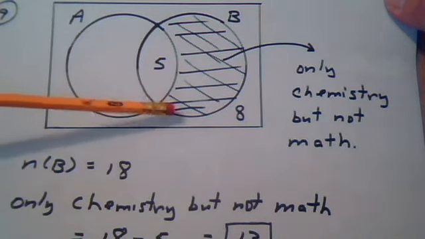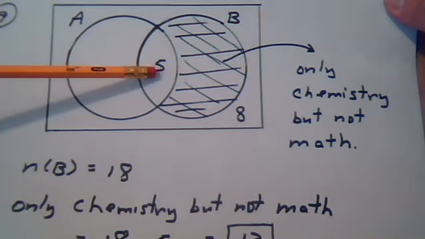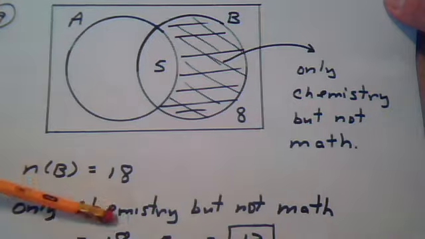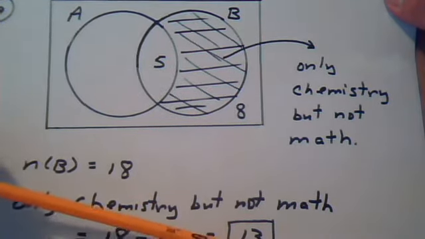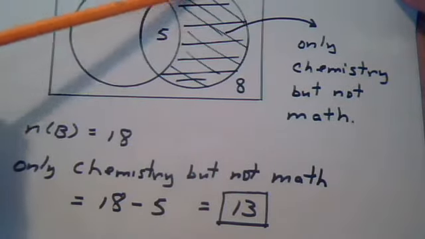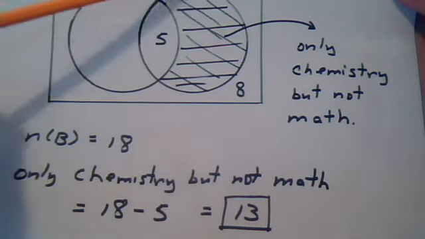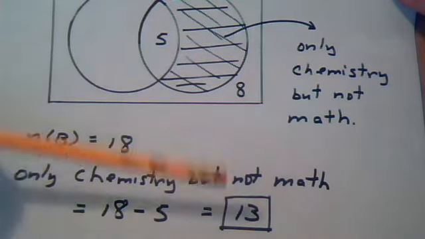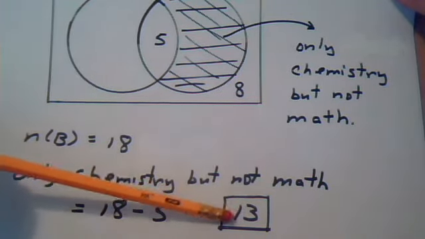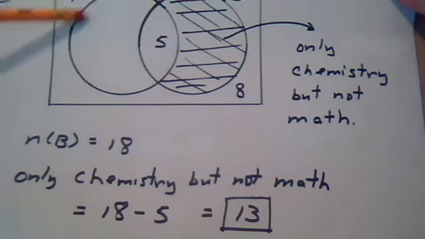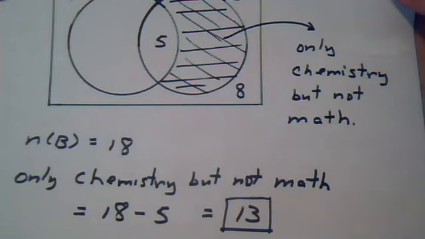So all you have to do is get the 18, which is the B circle, and subtract 5. Only chemistry, but not math. 18 minus 5, which is 13. So this shaded region is 13. And notice if you say 13 plus 5, you'll get your 18. But this number represents how many are taking just chemistry, but not math, just this shaded area. 13 are taking chemistry and not math.